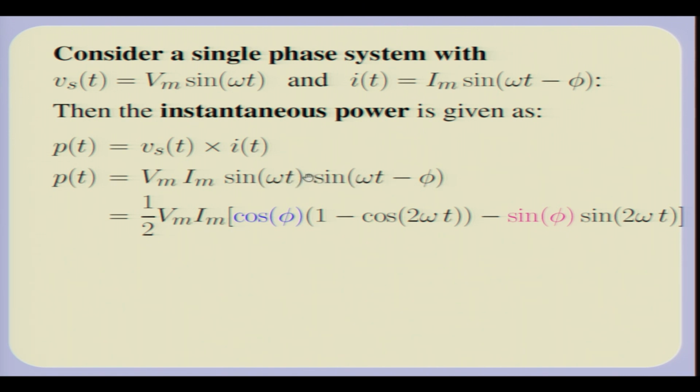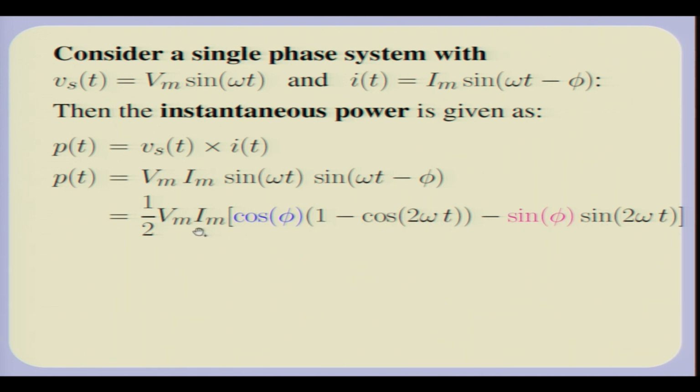The product of two sinusoids, sin A sin B, if you expand this, you will get half of Vm Im, because sin A sin B is given by 1/2 [cos(A minus B) minus cos(A plus B)]. You may recall this formula of basic trigonometry, and from that you get this expression.